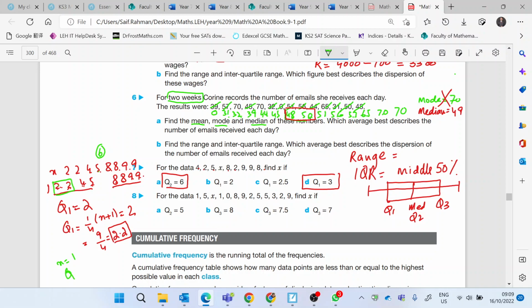So Q1 is equal to 2 if x is equal to 1. Now Q1 should be 2.5. For 2.5, the average between the second and third should be 2.5, so the x should be 3. If x is equal to 3, the x will be put at this place.